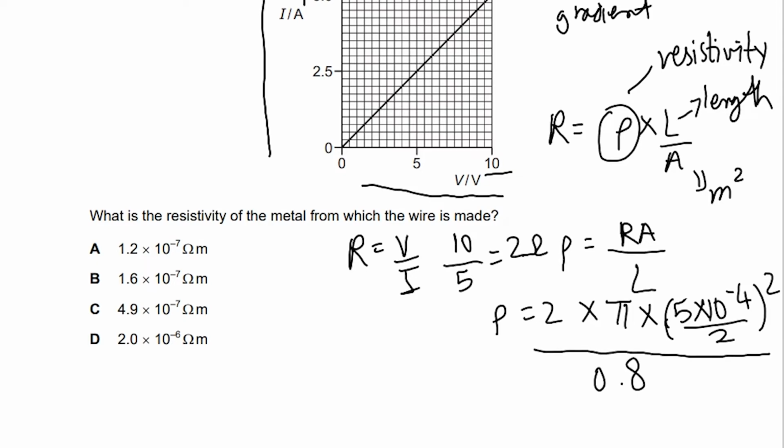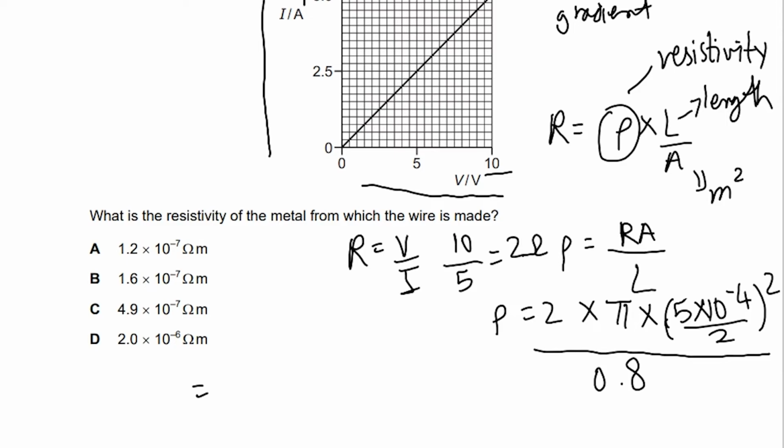Okay, now in the numerator we have 2 multiplied by pi multiplied by 5 multiplied by 10 raised to the power minus 4 upon 2 squared. So 5 multiplied by 10 raised to the power minus 4 divided by 2 is 2.5 multiplied by 10 raised to the power minus 4. This is the radius.